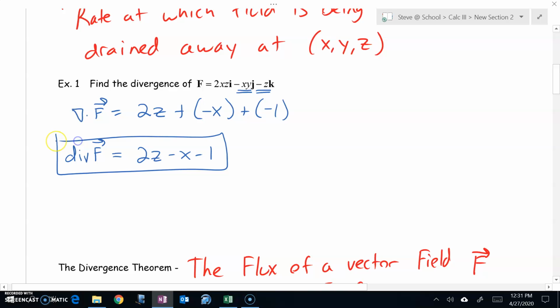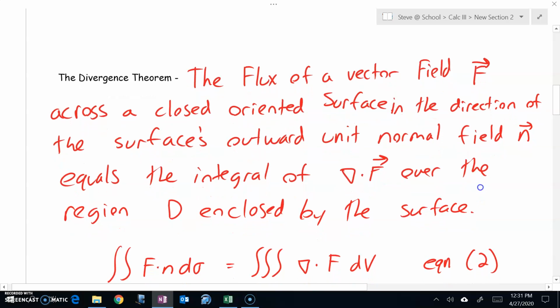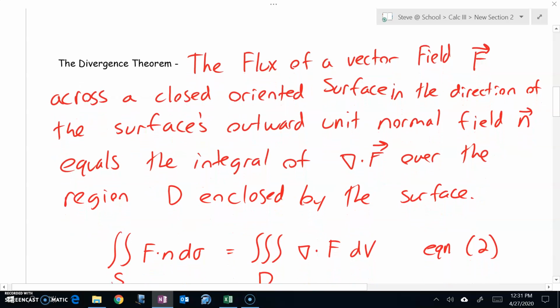And that's it. Okay? Alright, so now this is the divergence theorem, which is basically the flux version of Stokes' theorem in a way. Where circulation was for Stokes, this is for flux. So the flux of a vector field across a closed oriented surface in the direction of the surface's outward unit normal field n equals the integral of the divergence over the region enclosed by the surface.